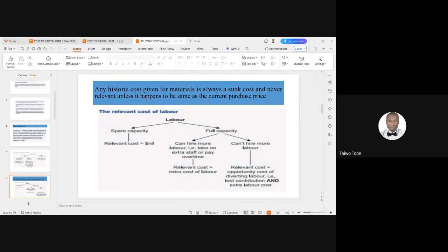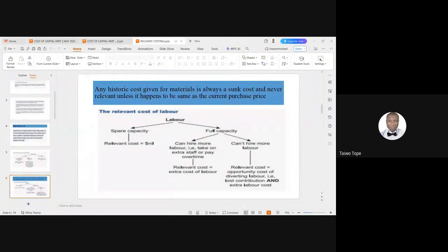But where you don't have them, the cost of getting extra hands, the cost of hiring more heads that you didn't plan for, that extra cost will be a relevant cost. And that will come up where you have fully engaged those you have employed.